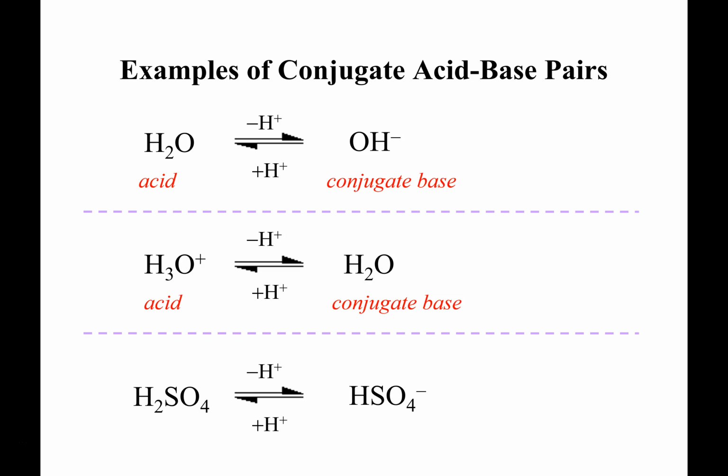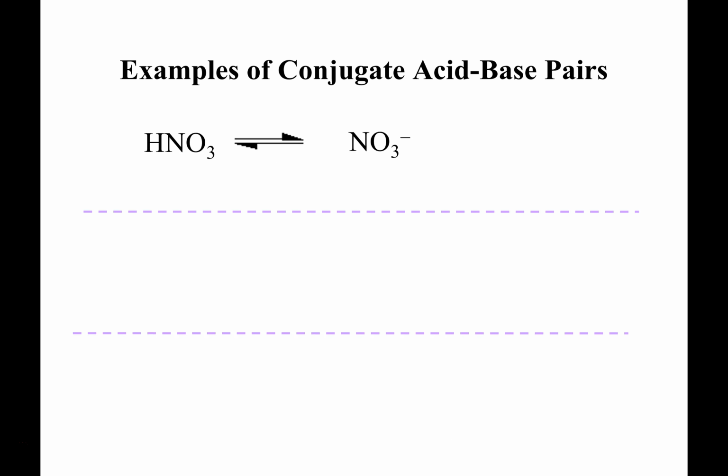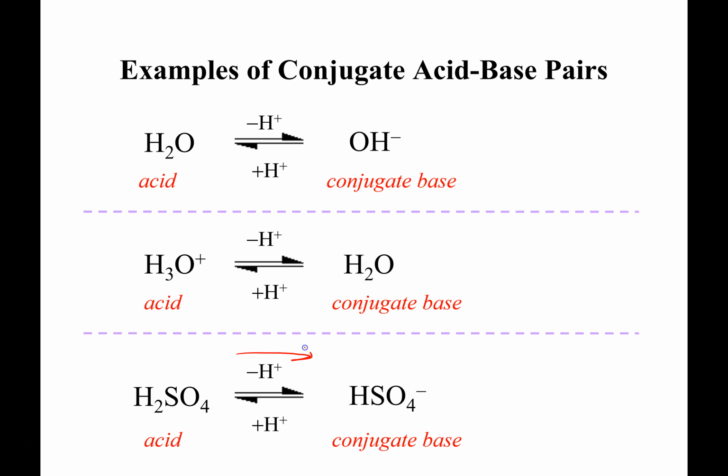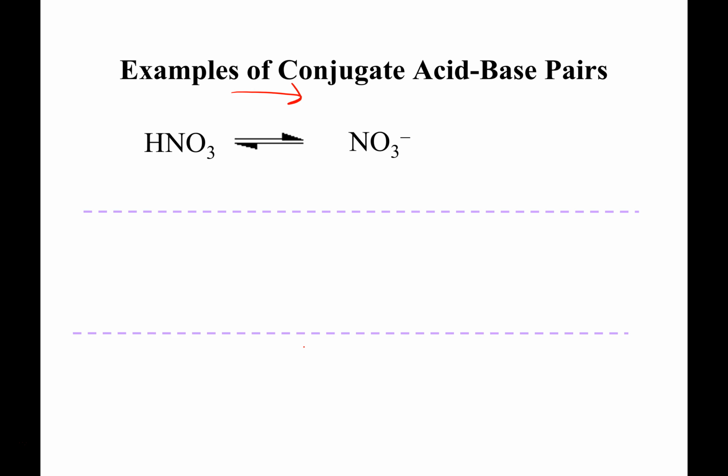This is clearly acting as an acid donor, so it's the acid, and that would be its conjugate base, a different proton. More examples. Nitric acid, again, one of your 6 strong acids. I think this should be a one-way arrow. HNO3 is clearly your acid, so NO3 negative, the nitrate ion, would be the conjugate base of the nitric acid.